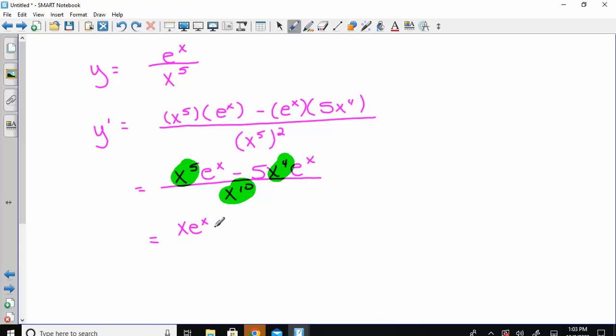So we're left with x e to the x minus 5 e to the x over x to the 6th. Is that okay?